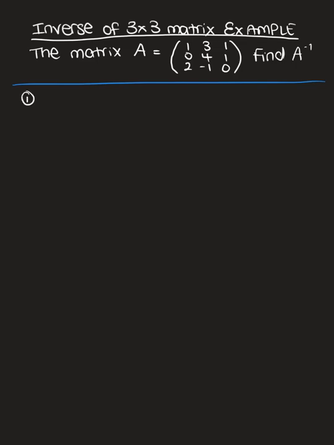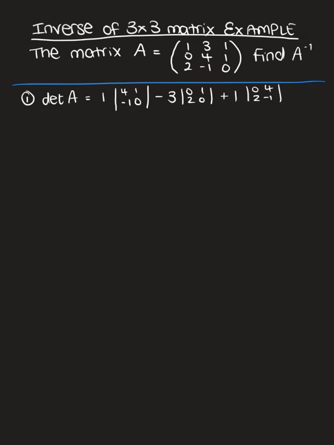If you remember, how to find the determinant of a 3 by 3 matrix is the first one in the top row multiplied by the determinant of that matrix, minus 3 times the determinant of that matrix, plus 1 times the determinant of 1, 4, 2, minus 1.